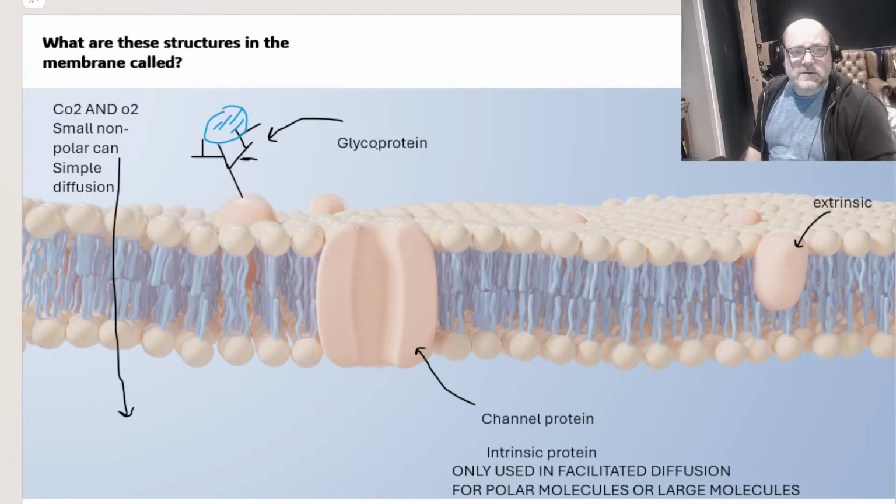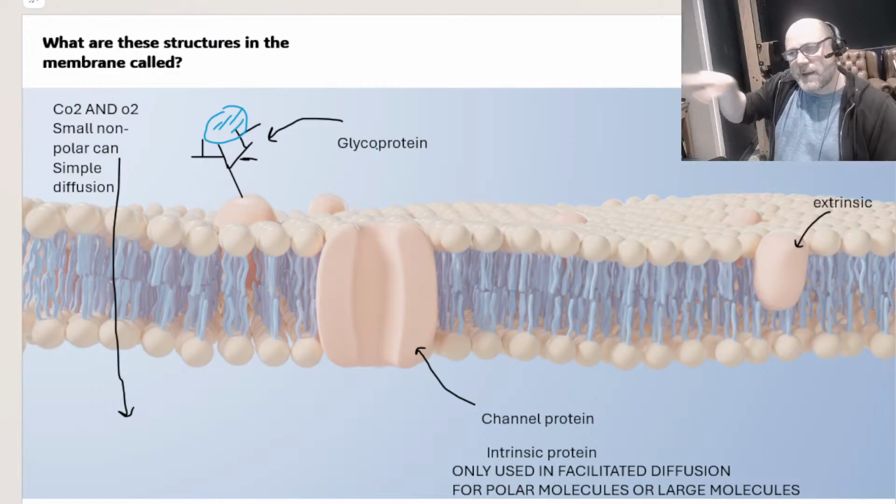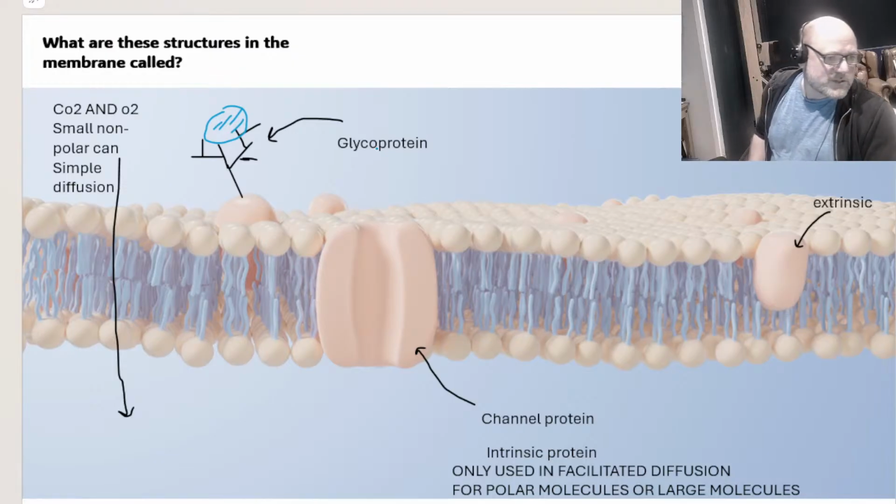And they're in plant cells only. You don't get those in animal cells. So yeah, little gaps in the cell walls of adjacent plant cells so that water or substances can move.